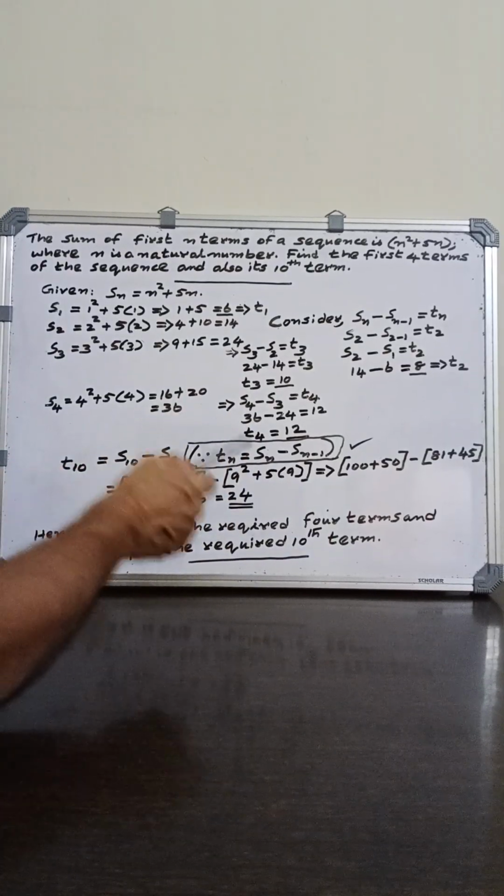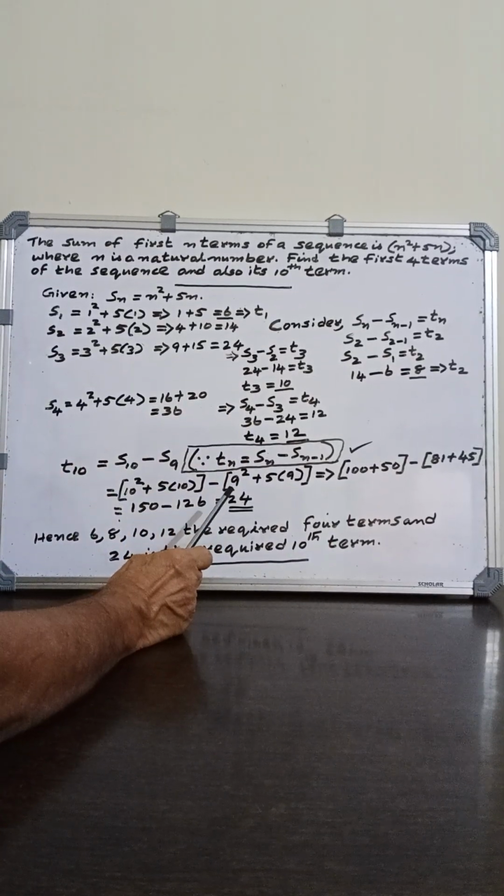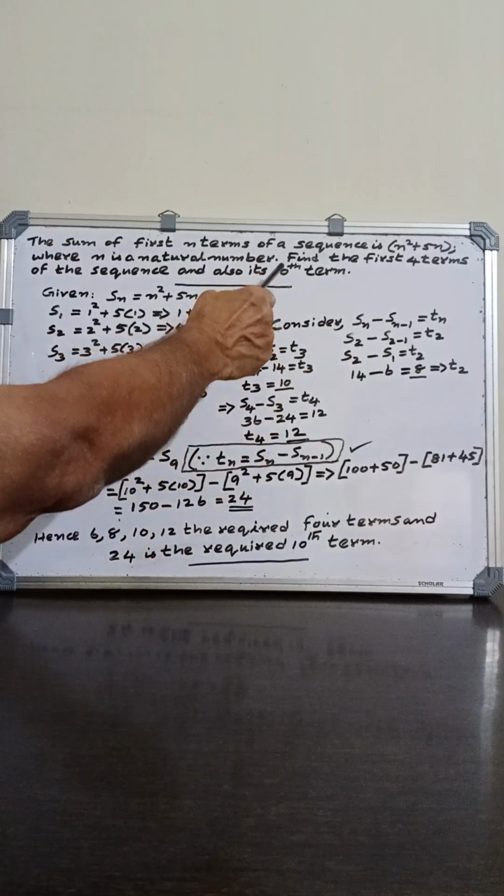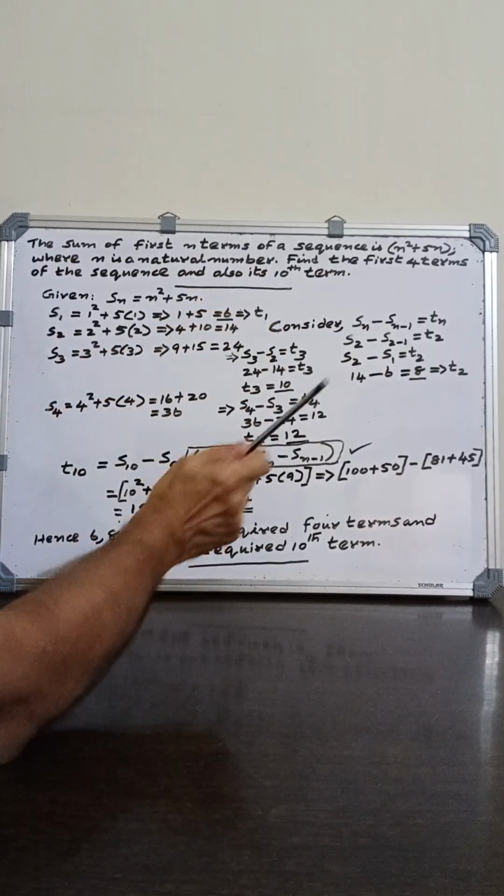That is T10 equals 24. That is, the 10th term is traced as 24.